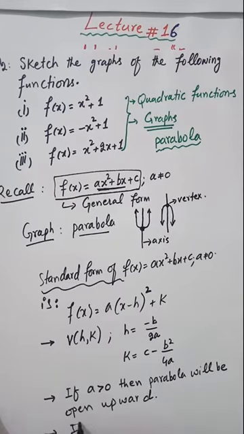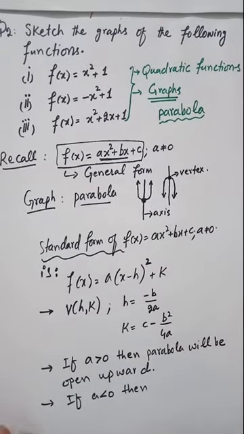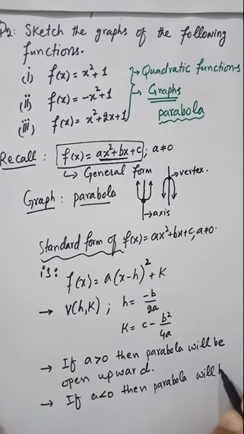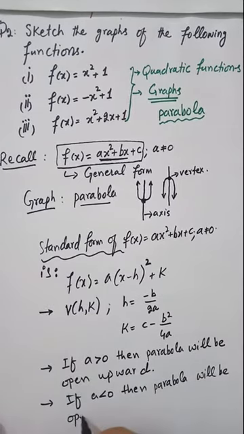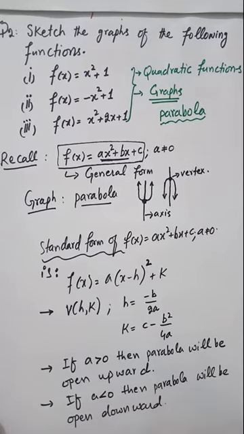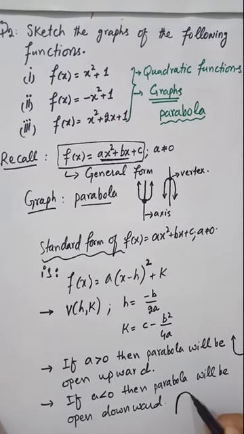And if a is less than 0, then the parabola will be open downward, meaning the branches will be open downward. In this case, the branches of the parabola will be open upward, so that will be the shape. In this case, the shape of the parabola will be this.